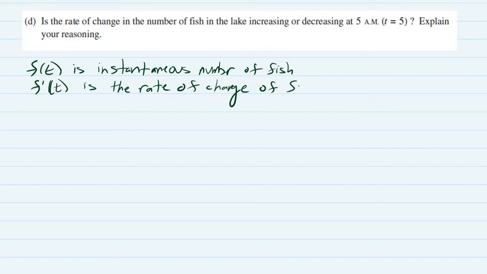And if I'm going to know whether that rate of change, f prime of t, is increasing or decreasing, I'm going to have to use the second derivative. And so I need to know what f double prime of t is.